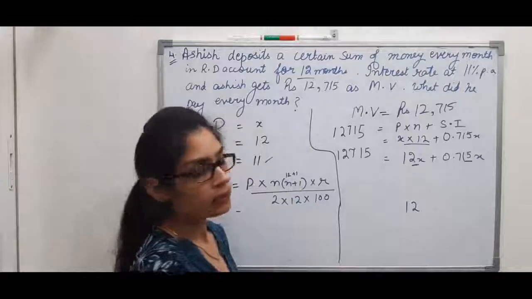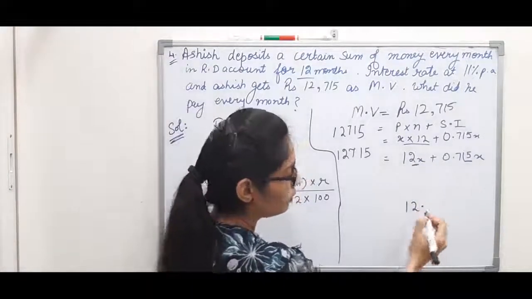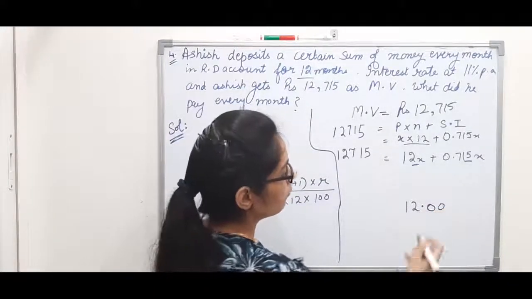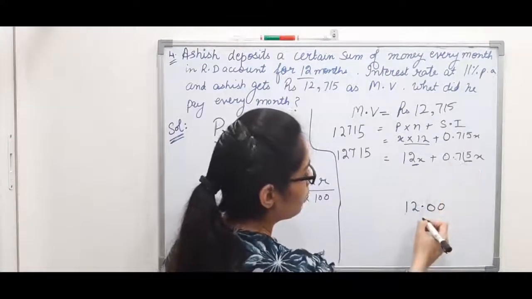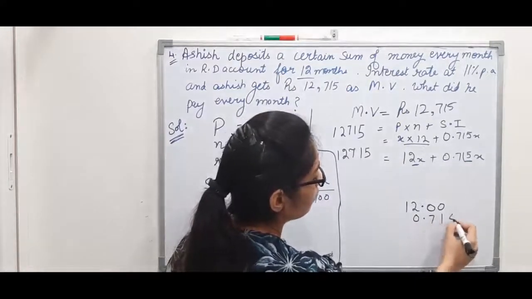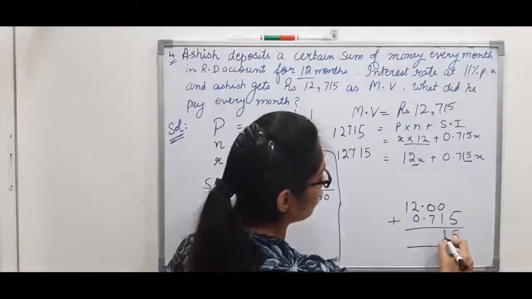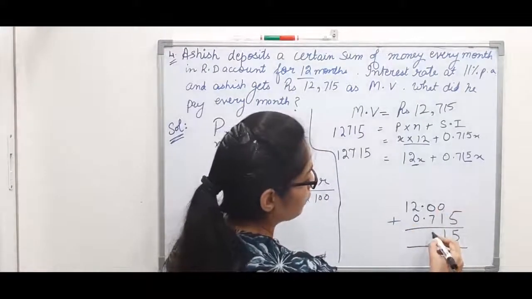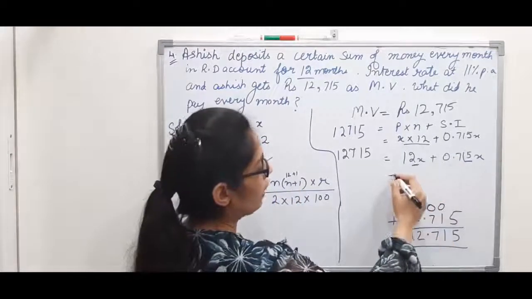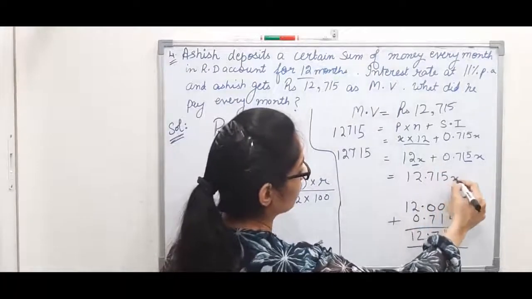If the number does not have any decimal, I put a decimal at the end and then write zeros afterwards. The decimal should be below the decimal, 0.715. So this is how I will add these two numbers. 0 plus 1 is 1, 0 plus 7 is 7, and 12 will come. On adding these two, I will get 12.715x.